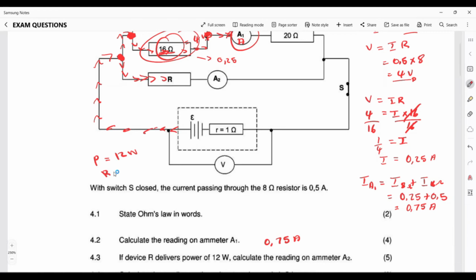And then what about the resistor? I don't know the amount of the resistor, but I have all the information of the top branch.